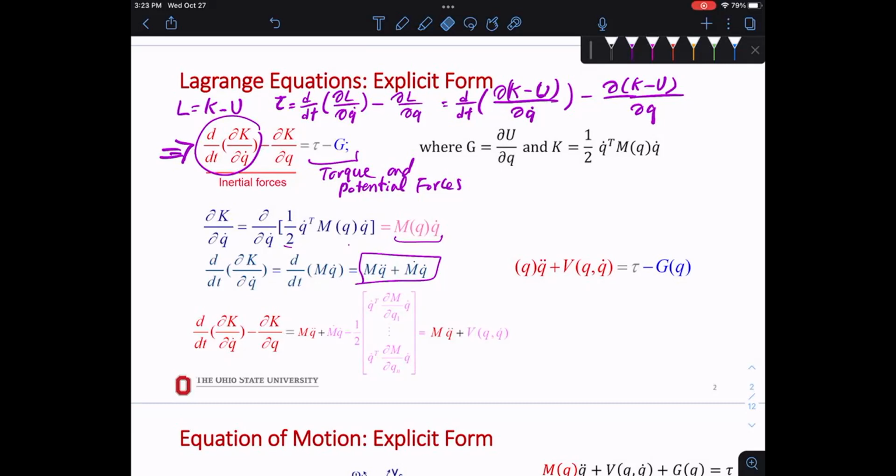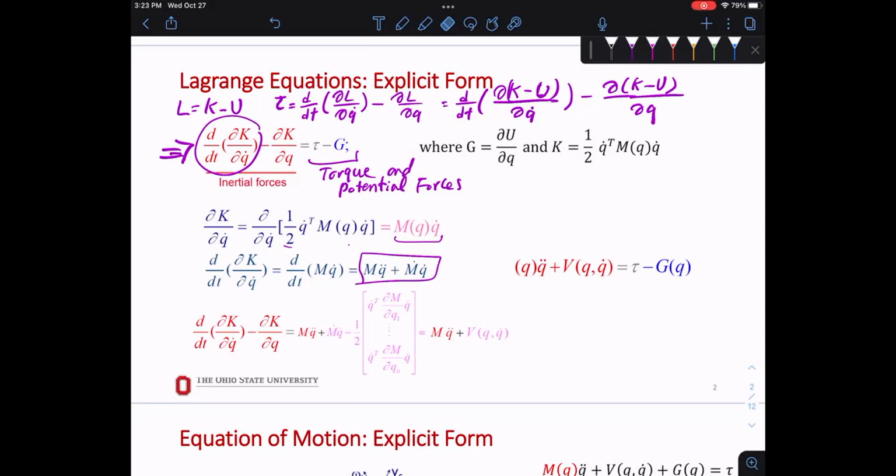Now these two, if you look at it, you have M q double dot, the mass matrix times the acceleration from the inertial force, plus two expressions that are the coefficient of q dot, q dot.